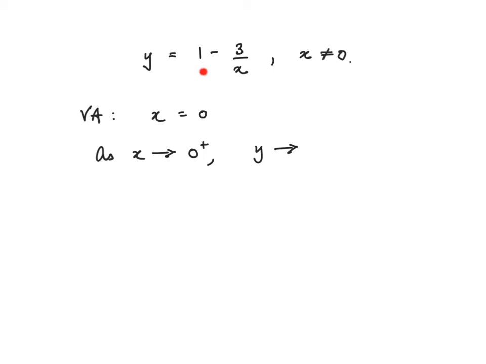So 1 then, take away a very large positive value, gives us a large negative value, which is to say, here's a vertical asymptote at x equals 0. So to the right of x equals 0, y tends to negative infinity.